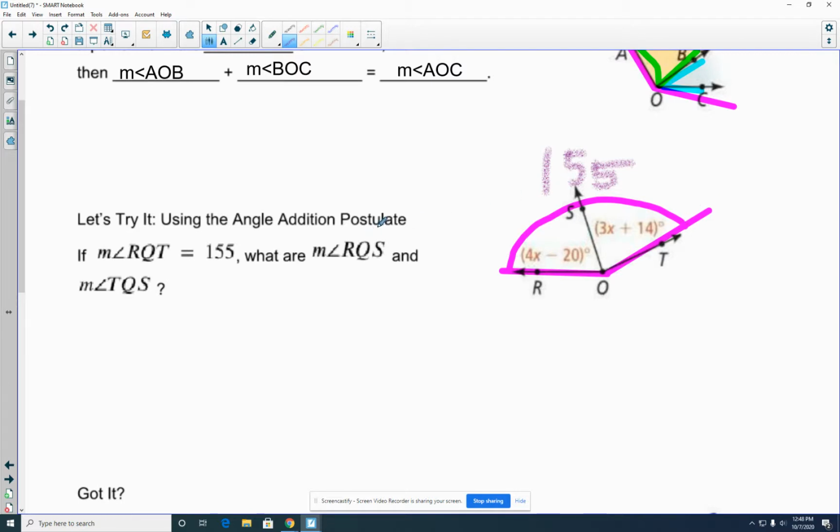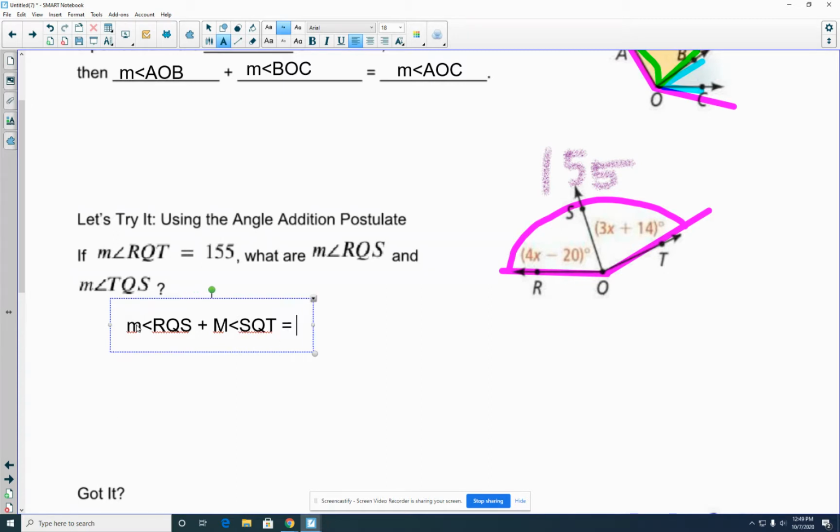Let's use the angle addition postulate. The angle addition postulate says, take your two smaller angles, so the measure of angle RQS plus the measure of angle SQT equals the entire angle RQT.